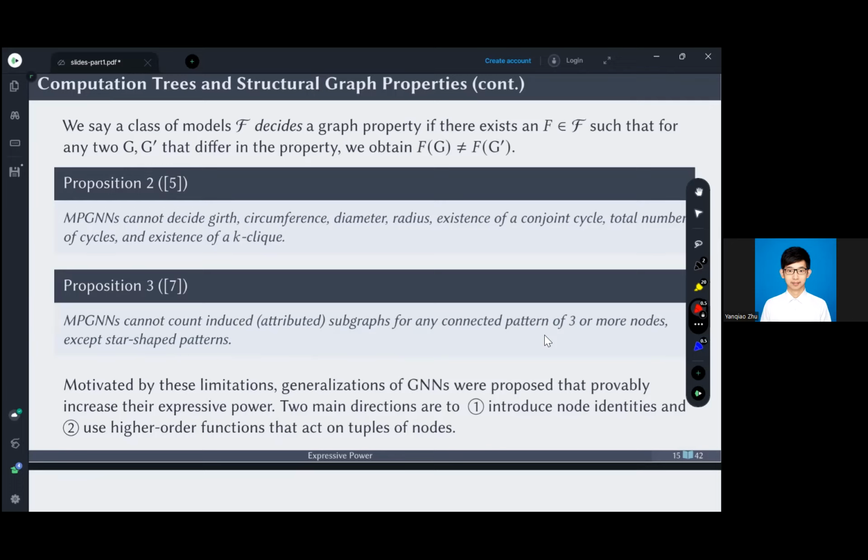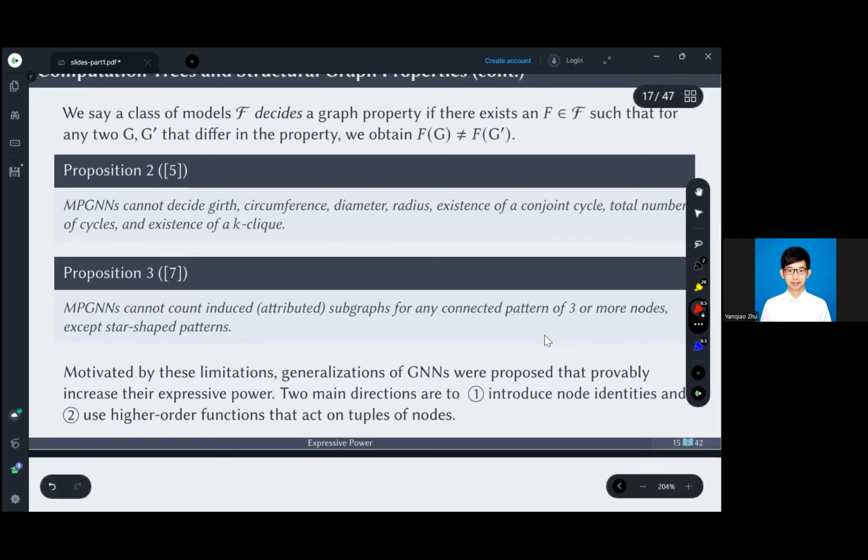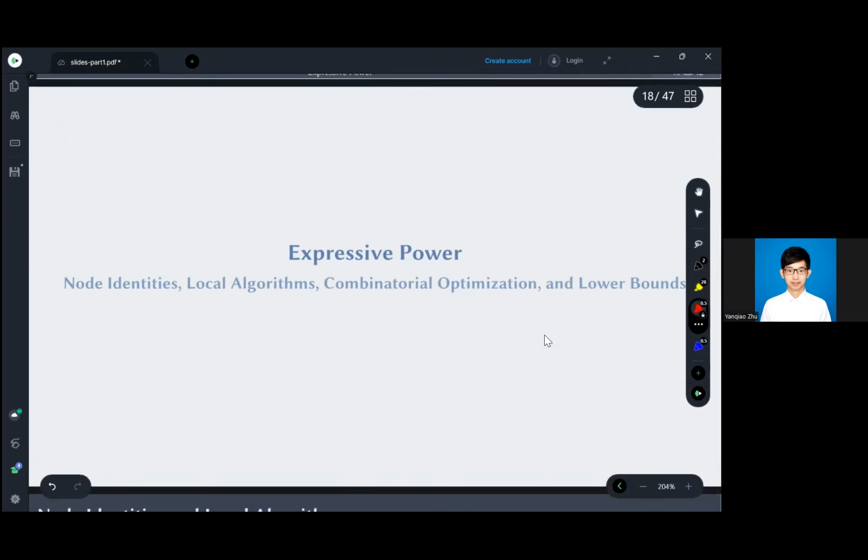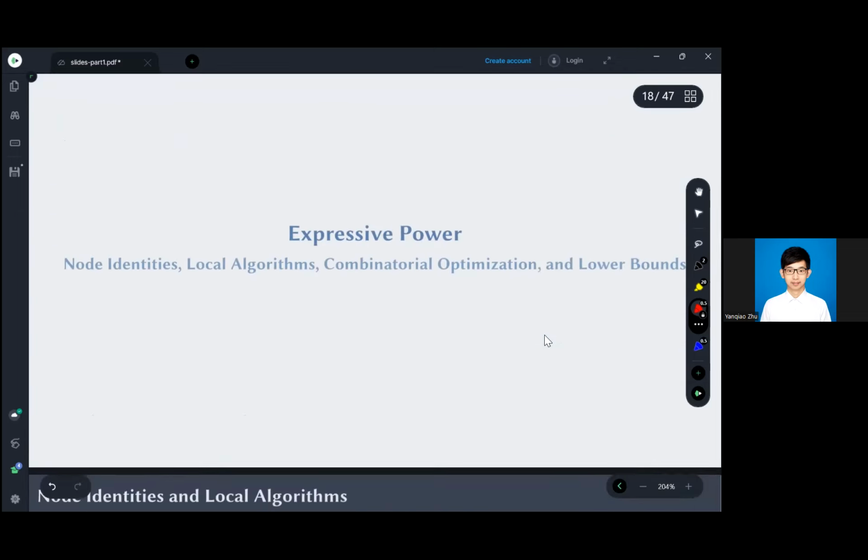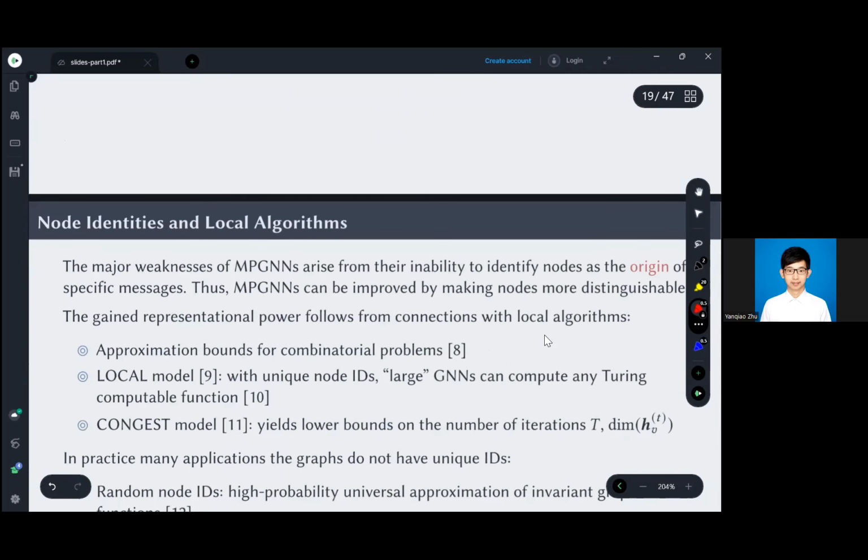Actually, there are two main directions. The first direction is to introduce the so-called node identities. The other one is to use higher-order functions that do not operate on independent nodes, but on tuples of nodes. Let me introduce them one by one. The first direction is called node identity. So what are node identities?